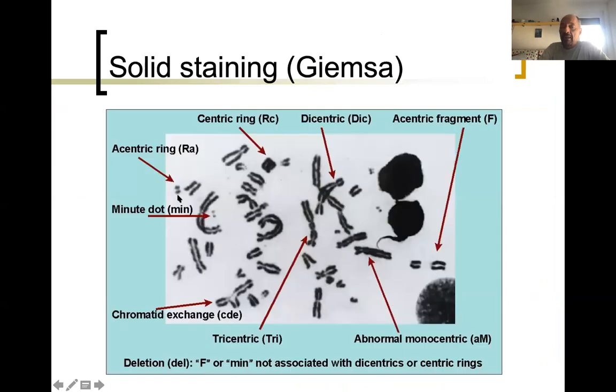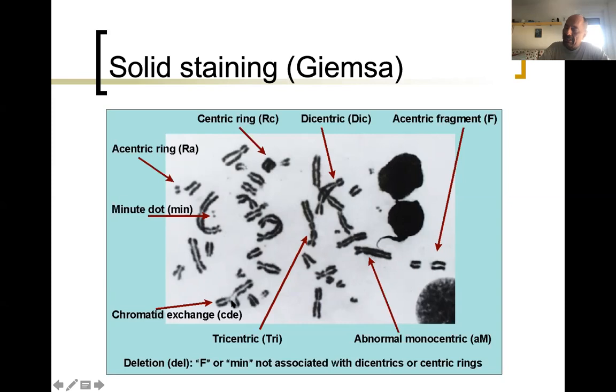You see minute dots, fragments here, large acentric fragments without centromeres, abnormal monocentric, very long chromosomes with the centromere here, dicentrics, you see a chromosome that has two centromeres, tricentrics here, 1, 2, 3, three centromeres in the same chromosome, chromatid type exchange.